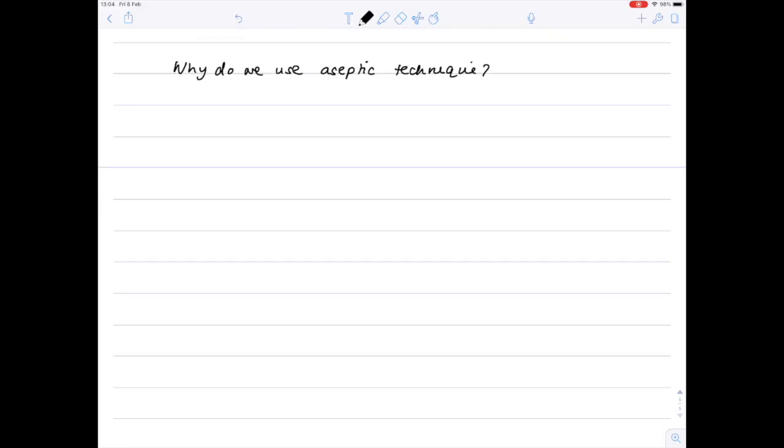So let's make notes on that now. Why do we use aseptic technique? Well, fundamentally it's to prevent contamination by microorganisms. And how can we do that? By a variety of sterilisation techniques.